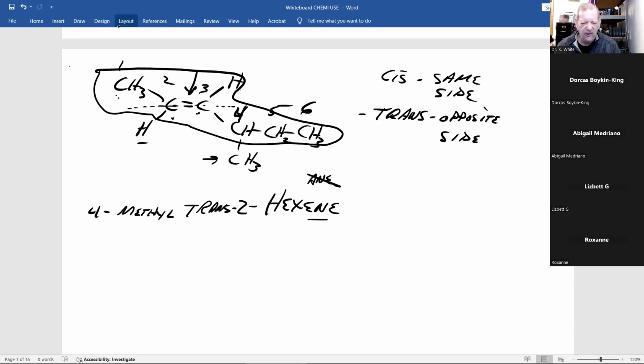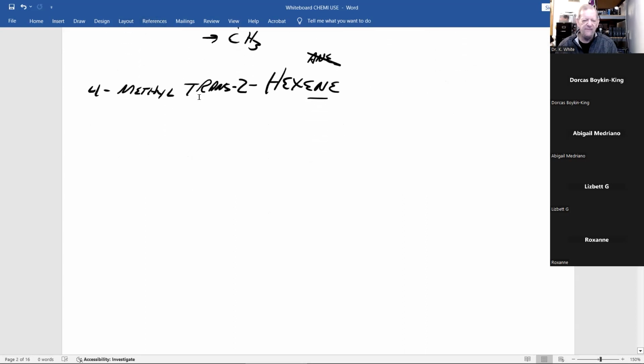Now, if they're in a ring, you won't have cis or trans. This is a 5-member ring, and notice we have a double bond. How would you name that? You have a ring, 5 carbons.